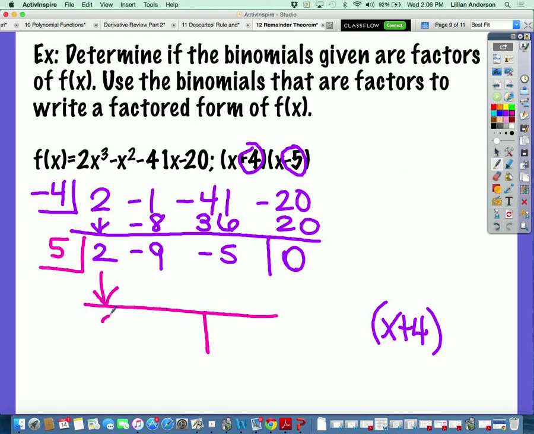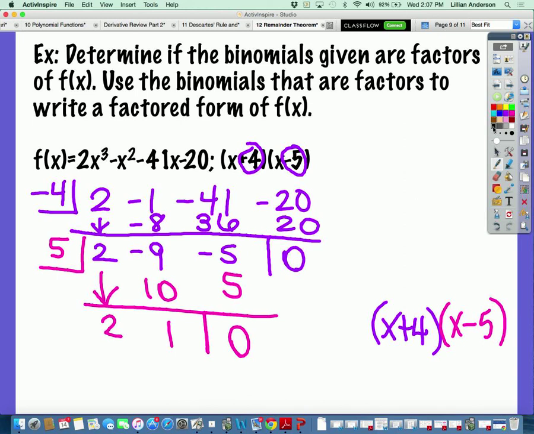Drop down the 2. Multiply to get. Add to get. Multiply to get. So that means they both are factors. Now this is a 3rd degree polynomial, which means I should have how many factors? 3.